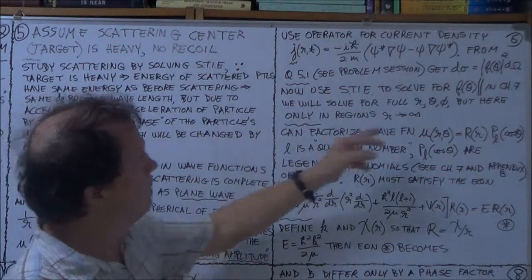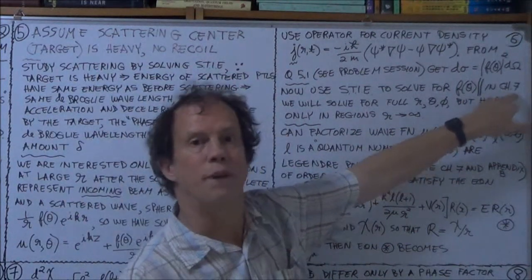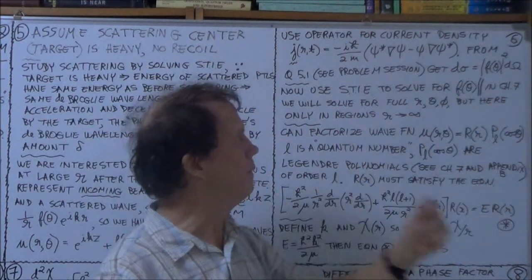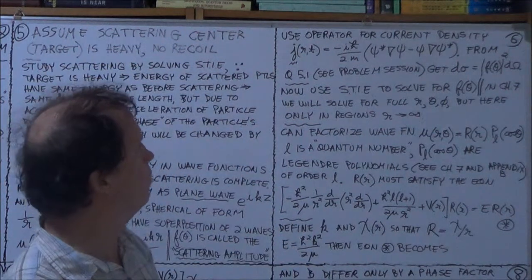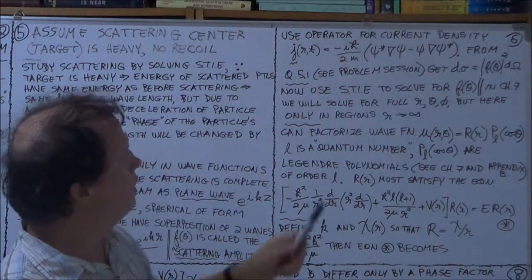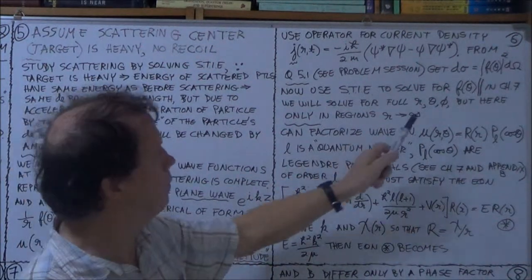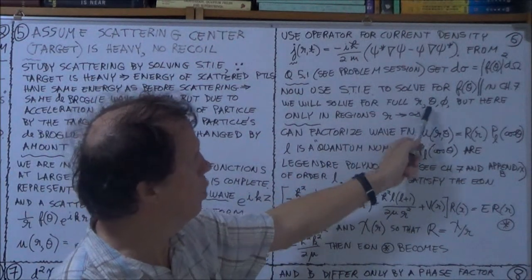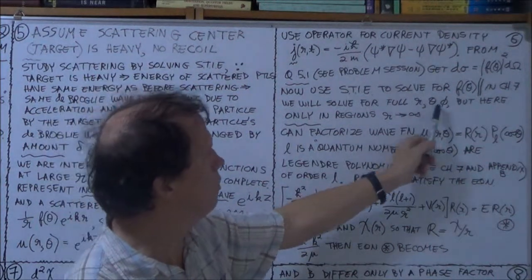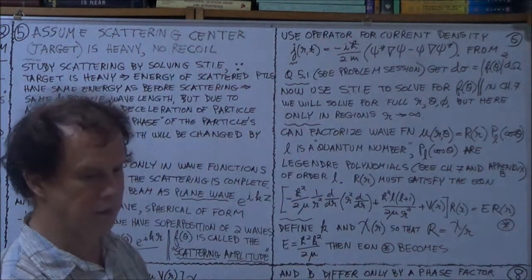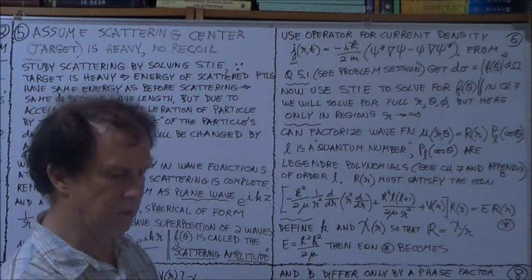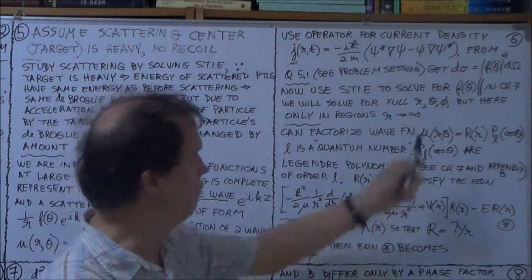Now in chapter 7, the angular momentum chapter, which is 2 chapters away from this one, we can solve not just for r and theta, but all 3 polar coordinates, r, theta and phi, so the wave function depends on phi as well.